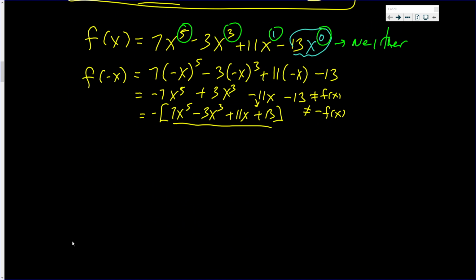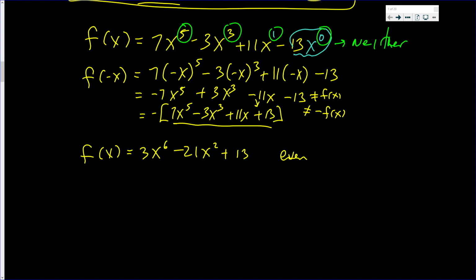If you have this function, f of x is equal to 3x to the sixth minus 21x squared plus 13, this function is even.